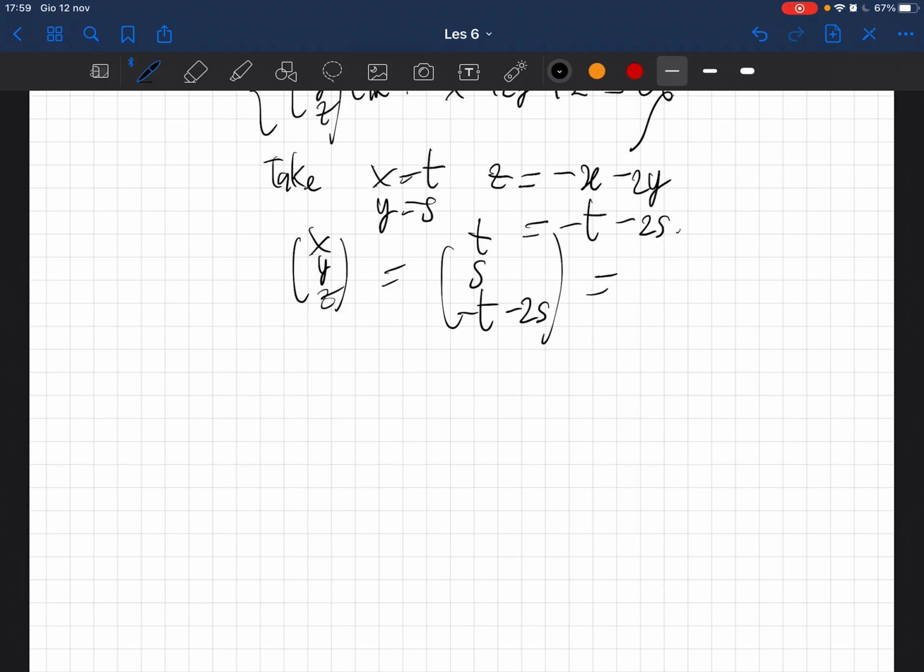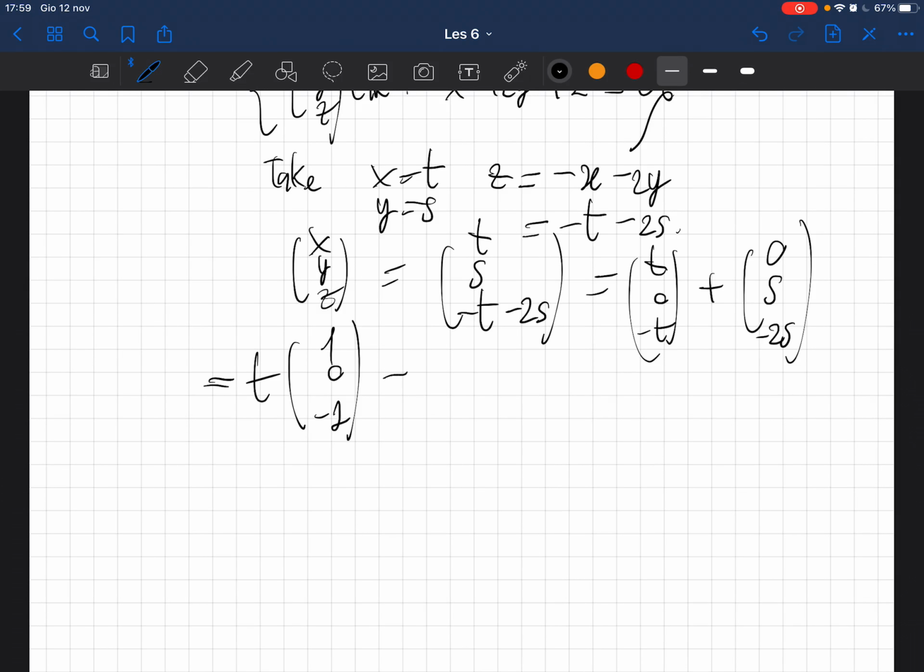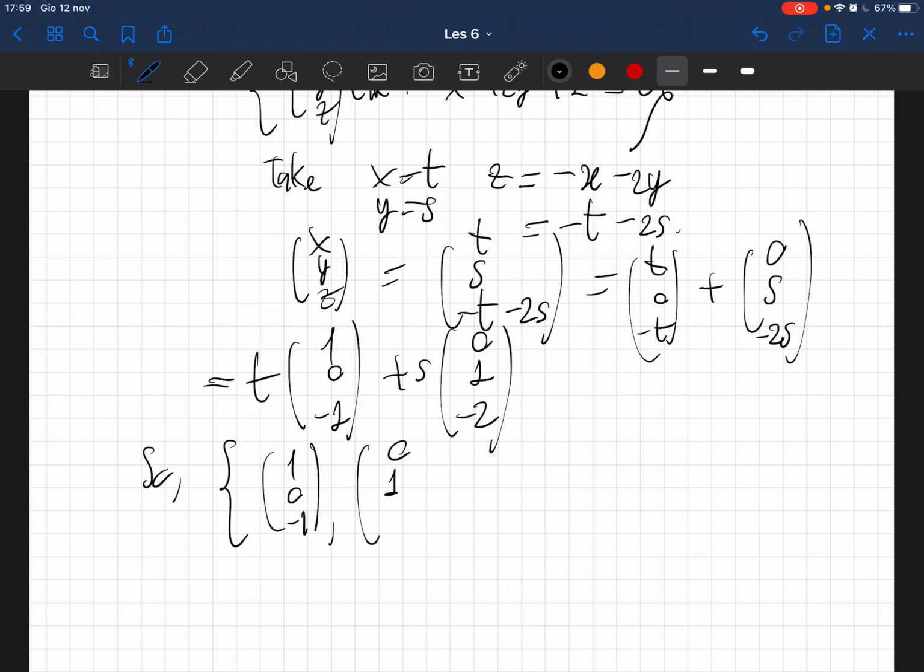And if you isolate things, you have t times (1, 0, minus 1) plus s times (0, 1, minus 2). You can isolate the parameters like this. So you find easily that you now have a basis of this orthogonal space. Very good.